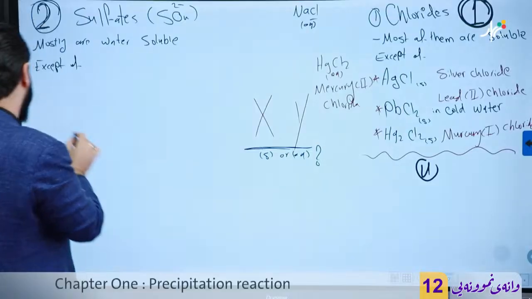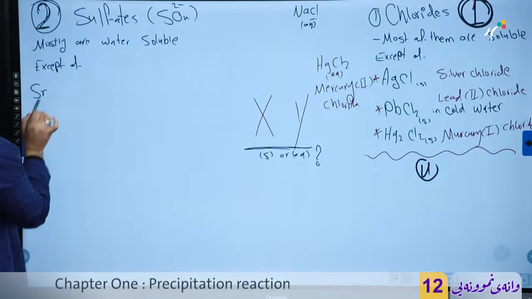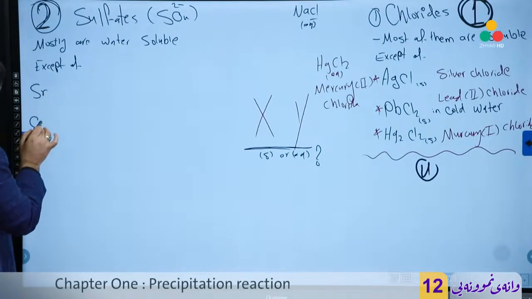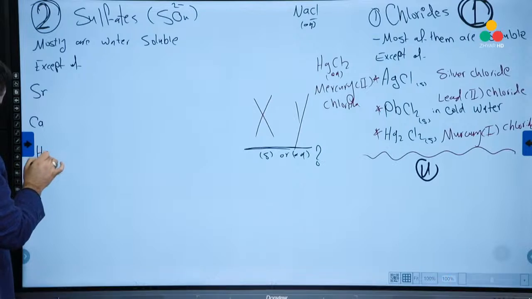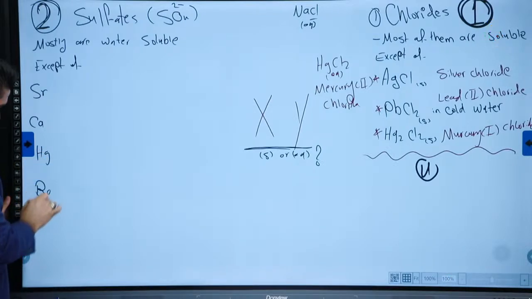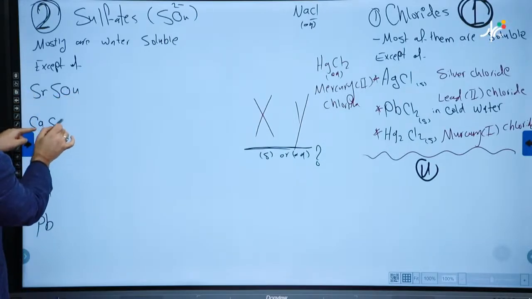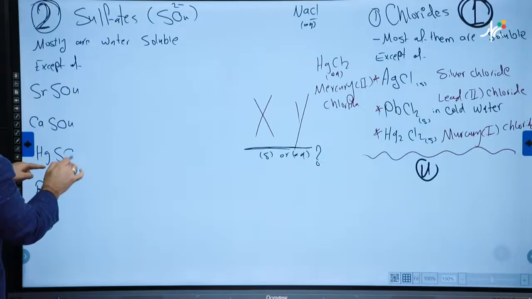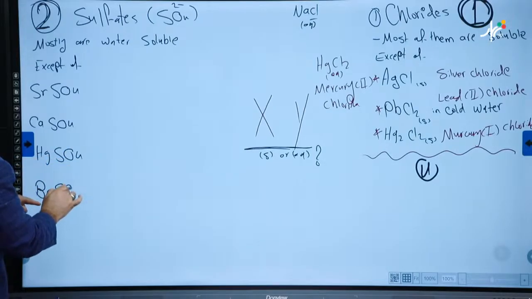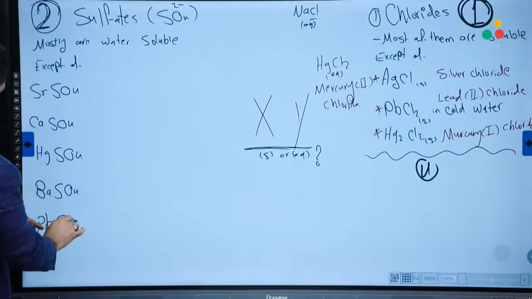Okay? Look. Sr, Ca, Ag, Ba, and Pb. Look. SrSO4, CaSO4, Ag2SO4, BaSO4, PbSO4.